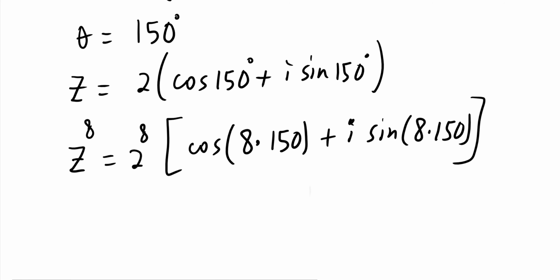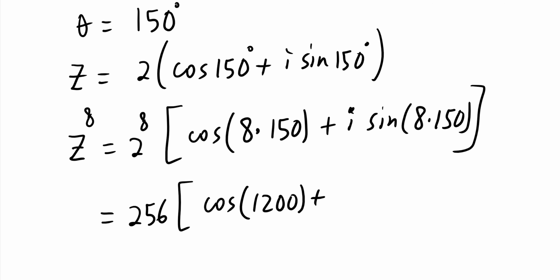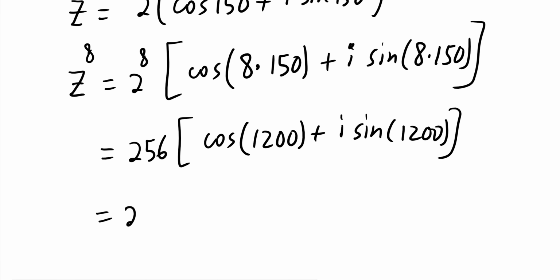So now what we get here, 2 to the 8th, if you simplify it, that's 256, cosine, multiply 150 times 8, that's 1200, plus i sine 1200. Keep this the same. Now, how do we handle 1200? Well, you want to see how many multiples of 360 are in 1200.